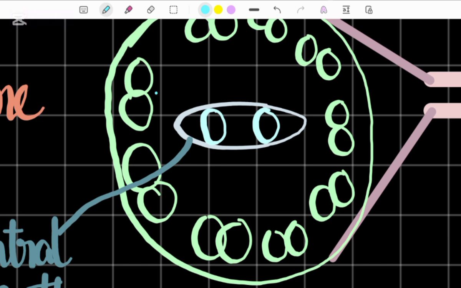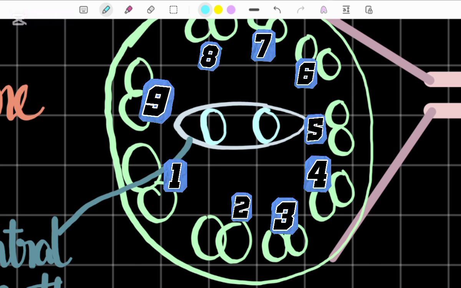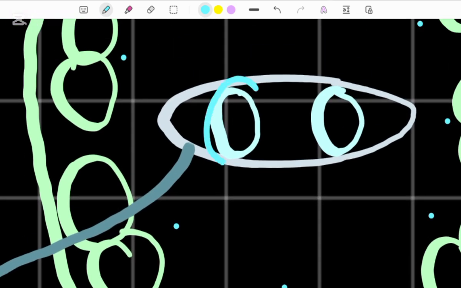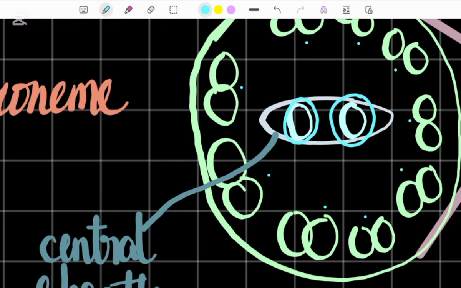So 1, 2, 3, 4, 5, 6, 7, 8, 9. These 9 pairs of microtubules form a ring-like structure with the central core that has individual microtubules. You can see there is no linkage between these two microtubules, so we will consider them as two individual microtubules.